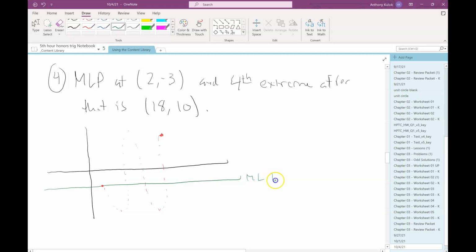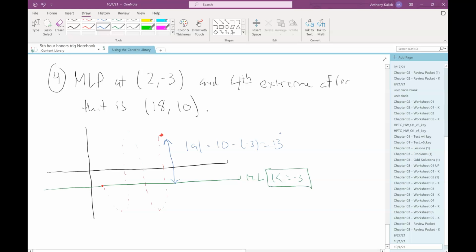Well, the nice part here is the K is basically free, right? I know the midline has to go right through the midline point, so the y-coordinate from my midline has to be my value for K. Everybody's good with that? Okay. And I know the distance from my extreme point to my midline is my value for A. So in that case, it's just 13.